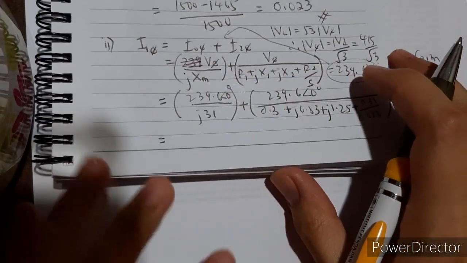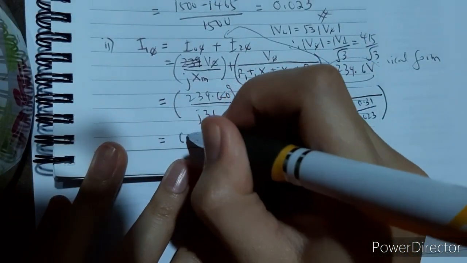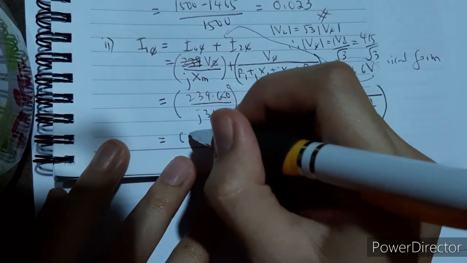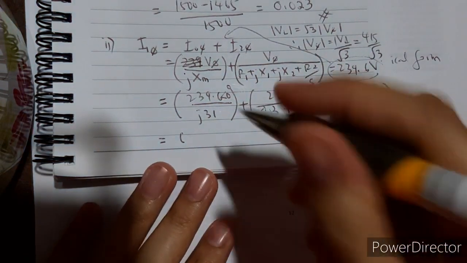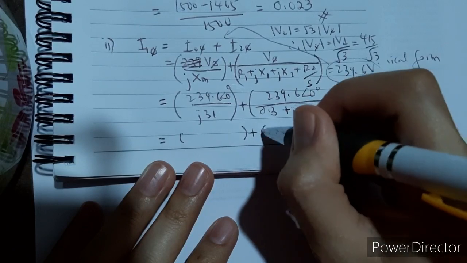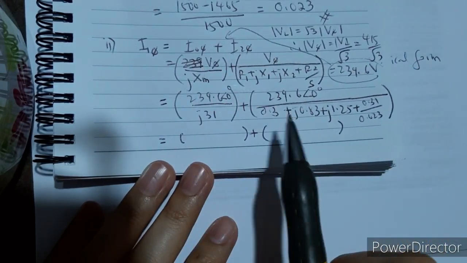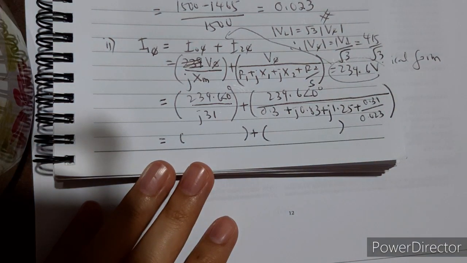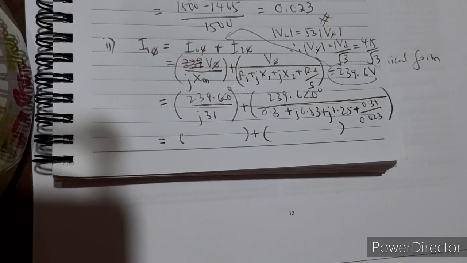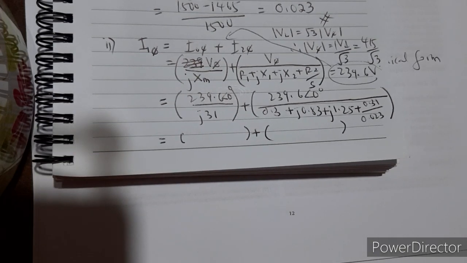So the answer is, okay, please write down your answer separately. Write your final answer for I0 phase and then followed by I2 phase in polar. Because usually later we'll be using just the magnitude to calculate certain power, right?